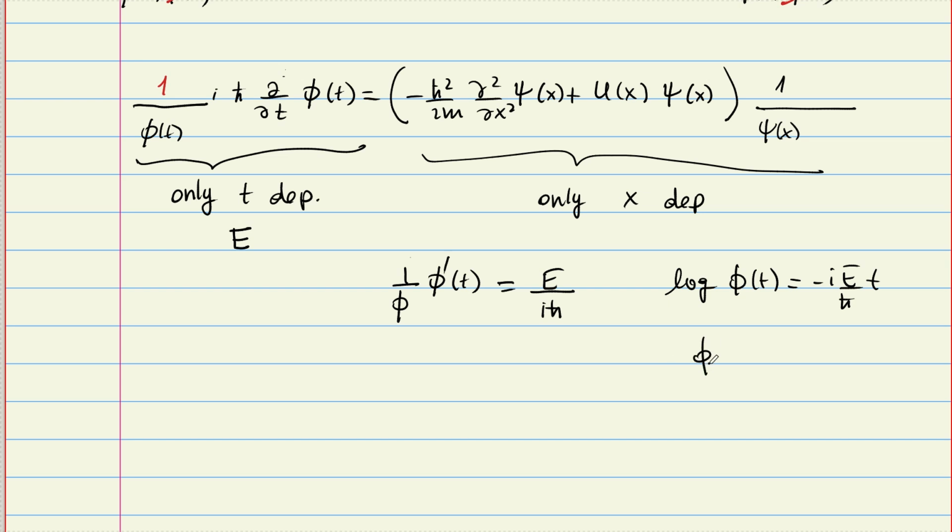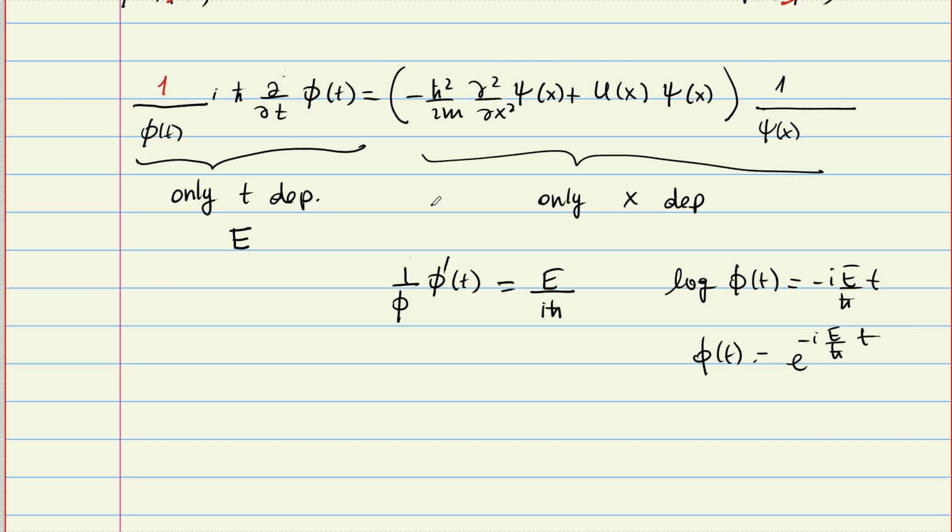Then phi of t is going to be e to the minus i E over ħ t. So the equation is separable, but also the time component is trivial. It is like an e to the i t form.